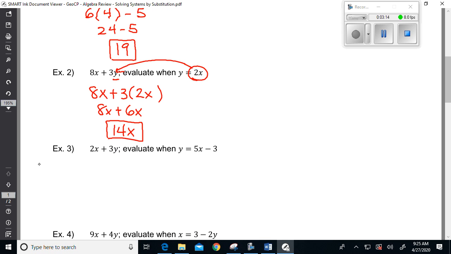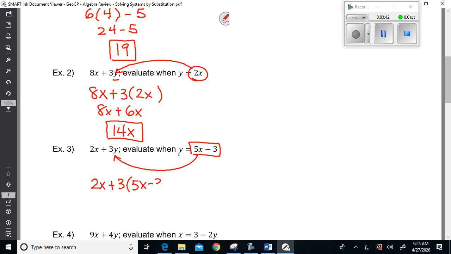So example 3, same type of problem, 2x plus 3y, and they're telling you that y is equal to 5x minus 3. So take 5x minus 3, and since they told you it was equal to y, plug it in for y. That gives you 2x plus 3 times 5x minus 3.